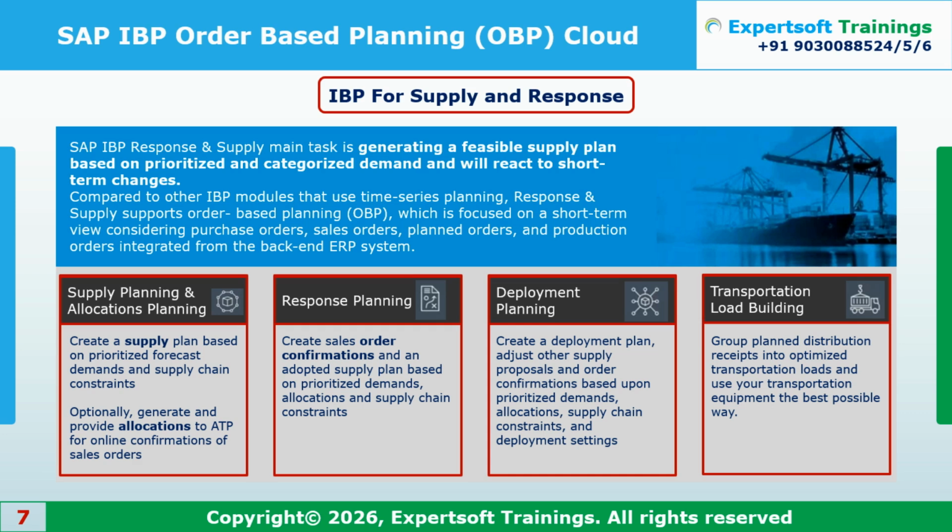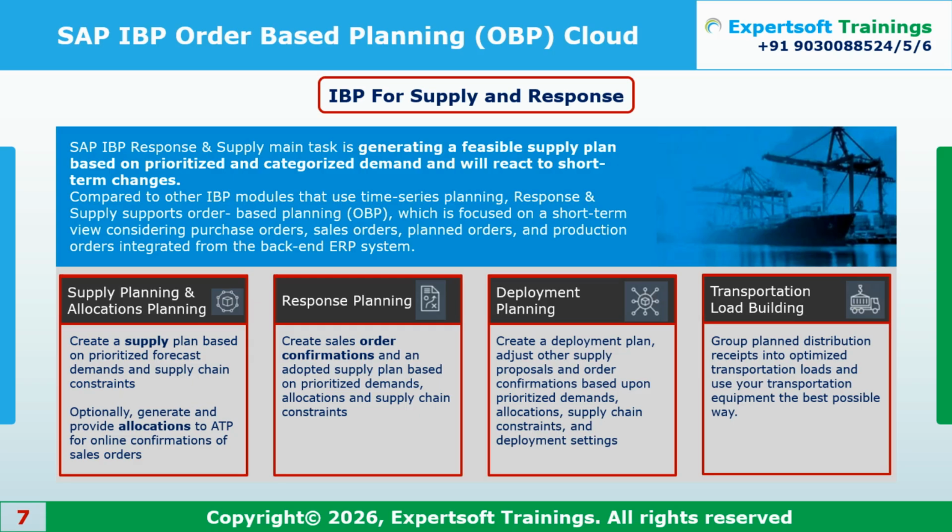That is, if you want to set an upper limit, the thresholds for each customer demand, in order to utilize existing resources optimally and to cater to all kinds of customer demands, then go for allocation planning.